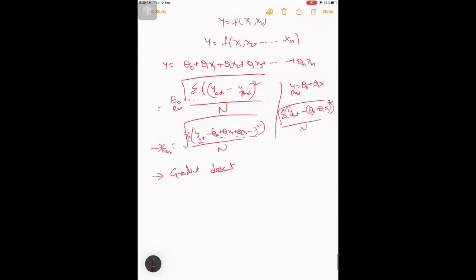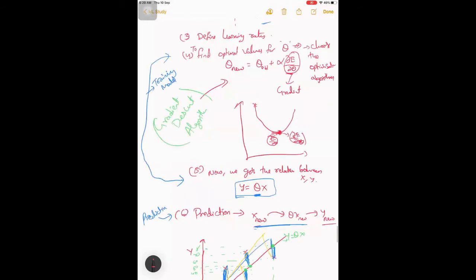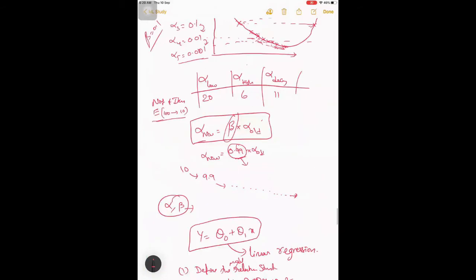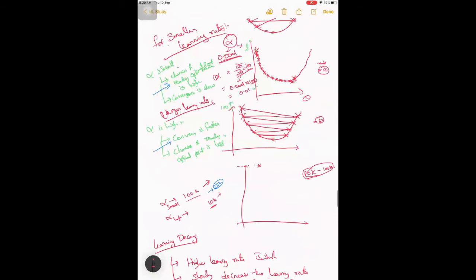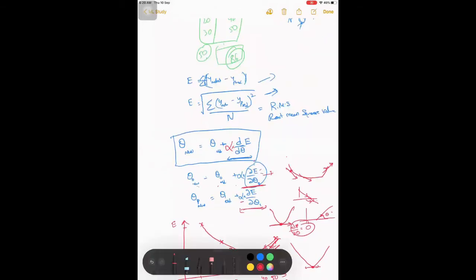So what will be the gradient descent? Theta new equals theta old. A small correction to what I told yesterday: I told gradient descent as plus, but it will be minus.